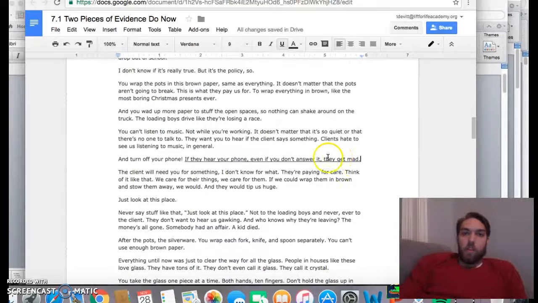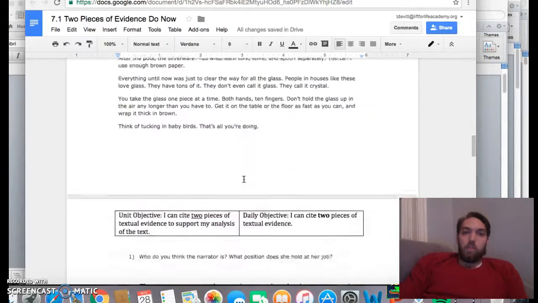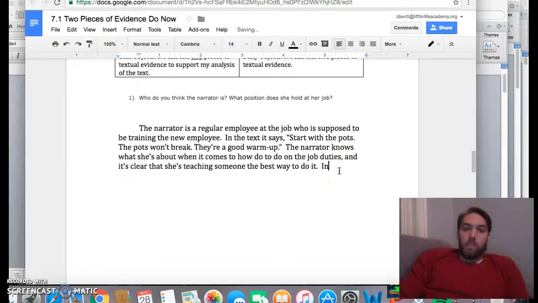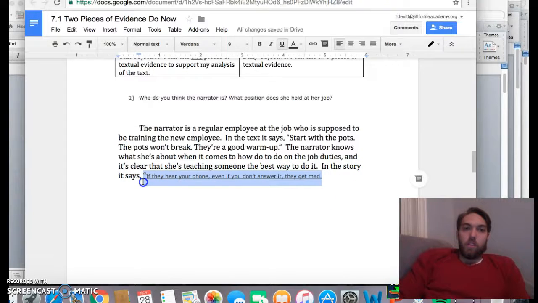So to get started, I'll just copy and paste. Like I said, you can either write it word for word or copy and paste, whatever's easy for you. So I'll say in the story it says, comma quotes, paste it, Control V. Now I'll make it the same format just so it looks good. Okay, and my quotes.